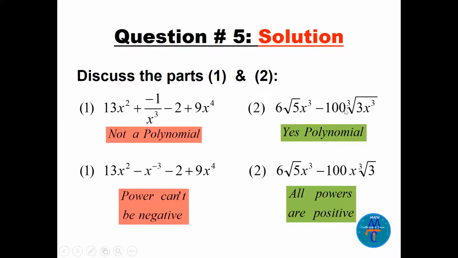Because I can take x out, which is power 1, and then inside I have cube root of 3, which is a real number. So all the powers are positive here: x power 3, x power 1. And here we cannot have a negative. So that's not a polynomial, just an expression.